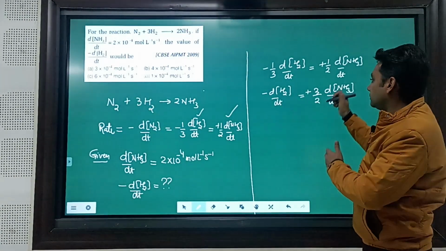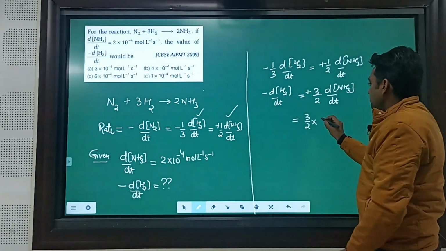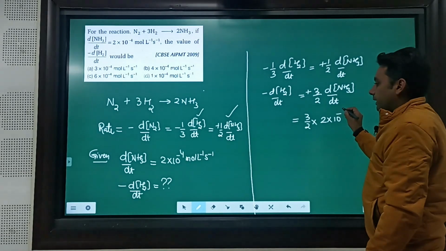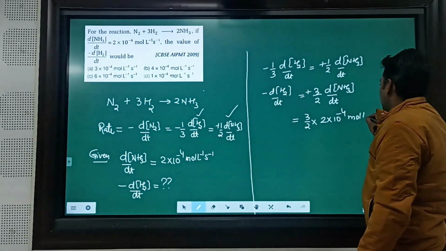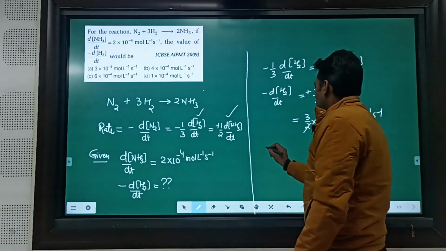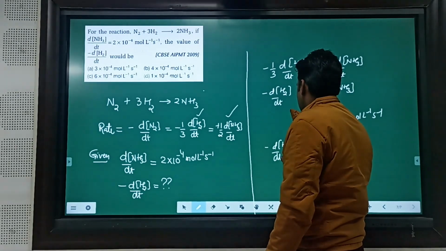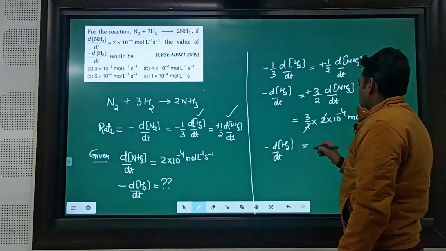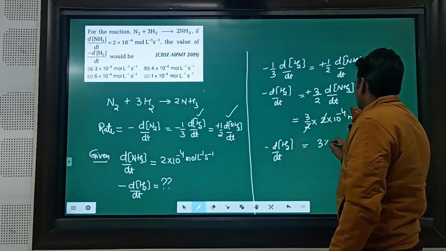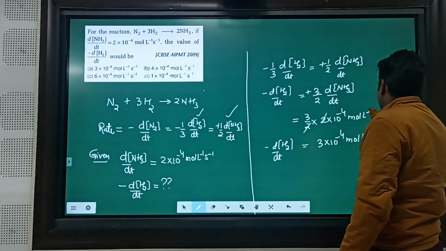So we just put the value. So it is 3 by 2 into the value, 2 into 10 raised to power minus 4 mole per liter per second. So 2 cancels out. So the final result is the disappearance of the hydrogen is simply 3 into 10 raised to power minus 4 mole per liter per second.